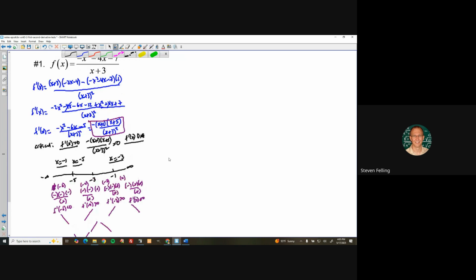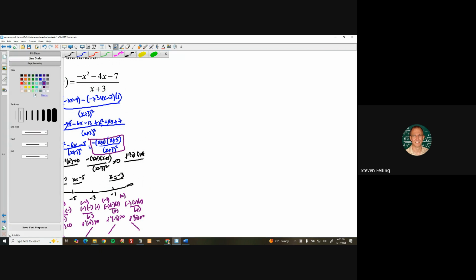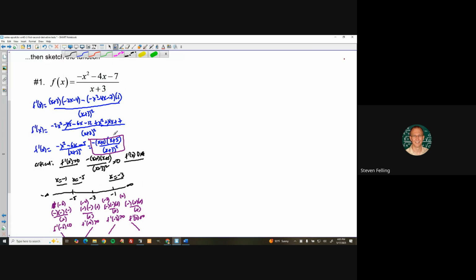For the second derivative test, we have to take the derivative of the first derivative. So I'm going to go back to this version. I'll use a different color here. Now I'm using this version right here to take a derivative of. So the second derivative is going to be, I'll do quotient rule again.